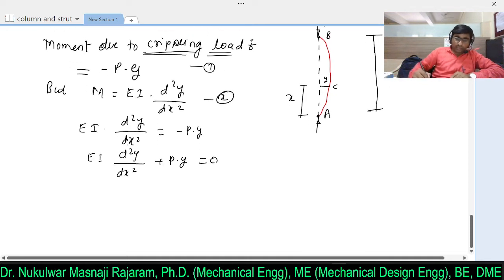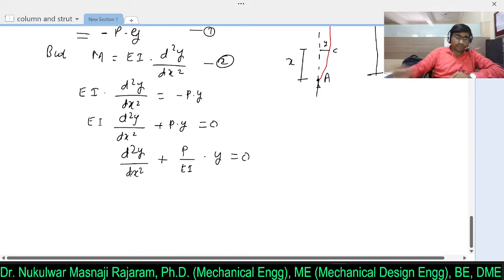Simple. Now I will again simplify d2y divided by dx square. I will divide the entire equation by EI. So this will become P divided by EI into y equal to 0. Simple. Now again I will simplify: d2y divided by dx square plus alpha square into y equal to 0.